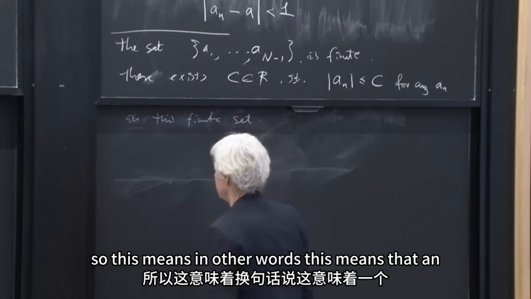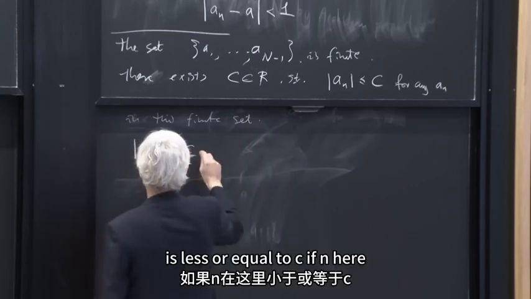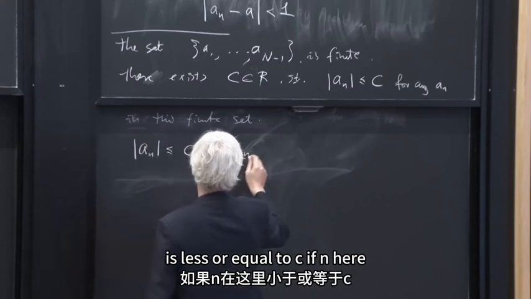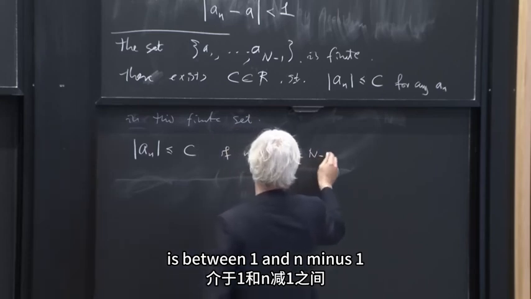In other words, |a_n| is less or equal to C if n is between 1 and N minus 1.